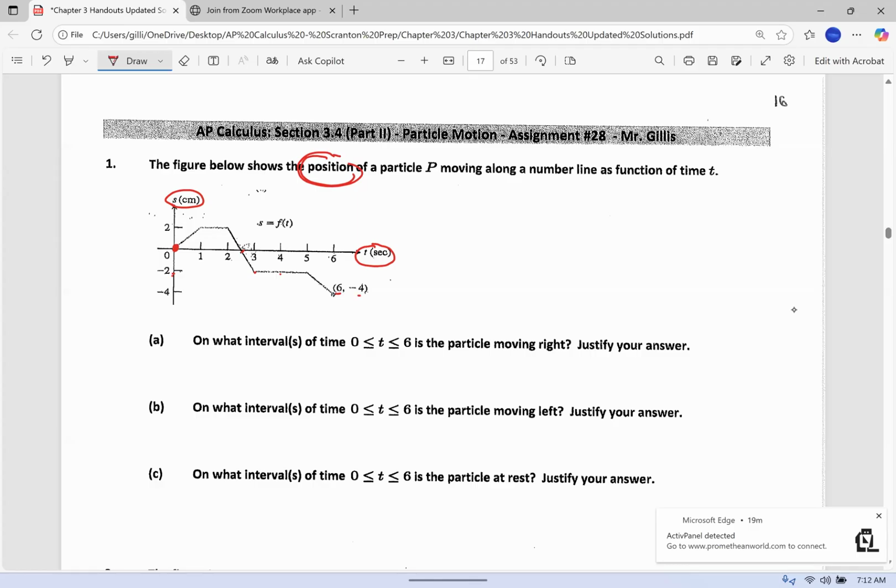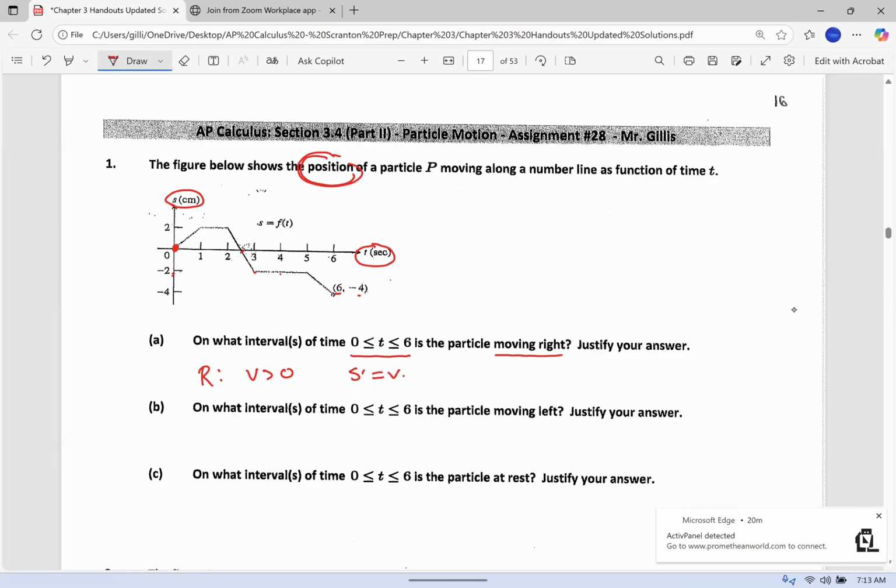So let's just make sure we understand what that graph means. We want to figure out the values of t from 0 to 6 for when the particle is moving right. So that's a trigger word. Moving right means that the velocity has to be greater than 0. We know that the derivative of position equals velocity.